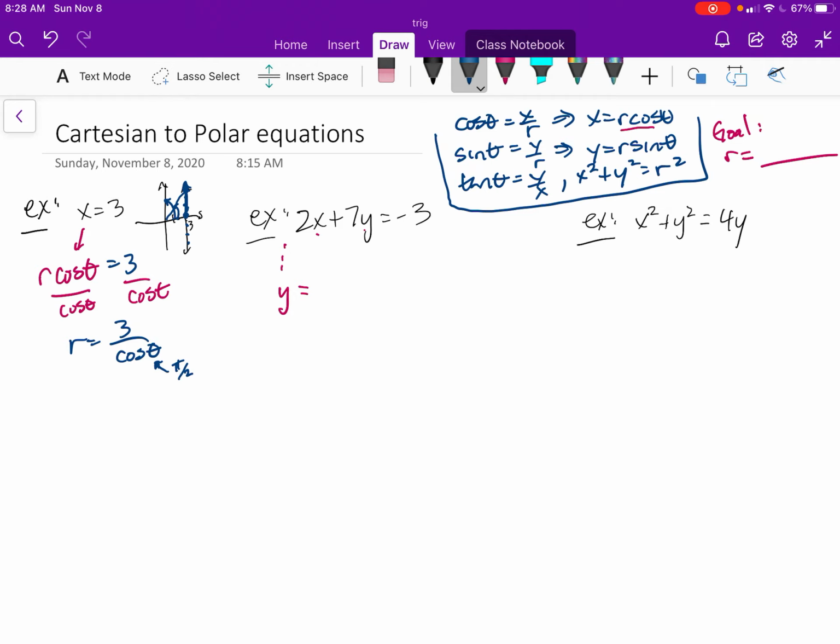So if we did that here, we would have 7y equals negative 2x minus 3, divide by 7, so y equals negative 2/7 x minus 3/7. So then I know my y-intercept and my slope.